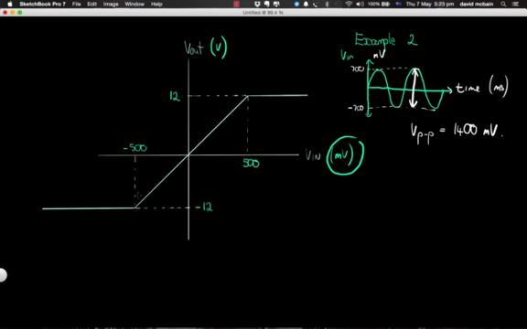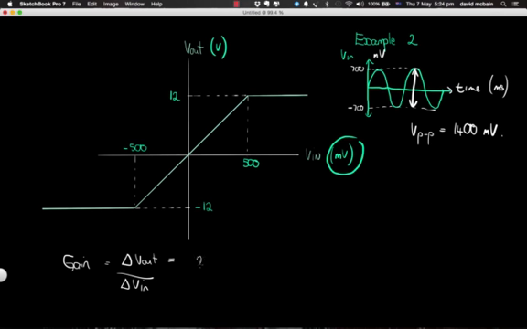Now, because I've substituted new values here, we have to recalculate the gain. And in this case, the gain of our amplifier will be the change in V out divided by the change in V in, and the safest way to do this is just look at the total change in V out, which is from 12 to negative 12.